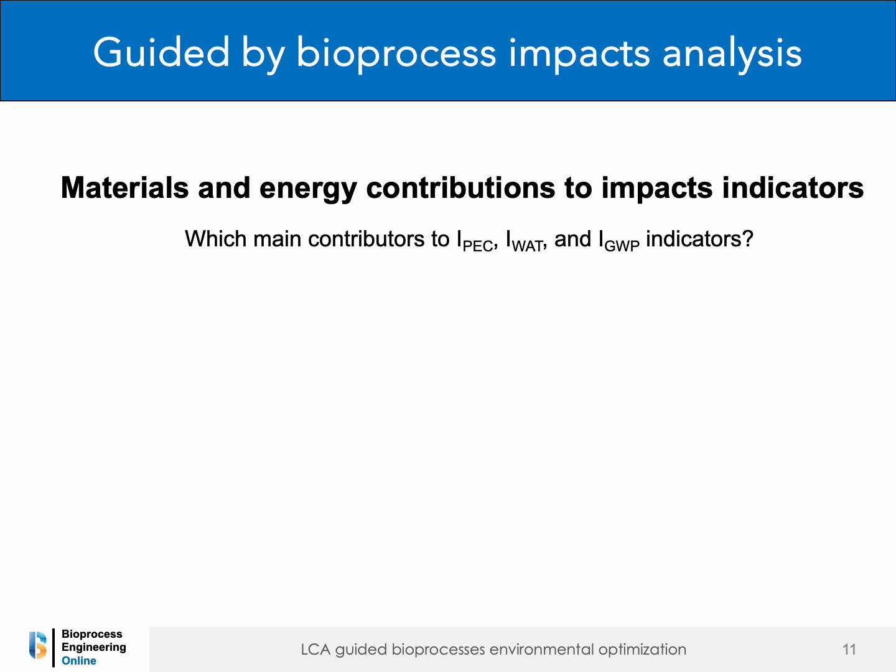The strategy for environmental optimization relies on a thorough analysis of the life cycle assessment of the bioprocess, particularly focusing on the relative impacts of various material and energy inputs and outputs. This analysis identifies the key contributors that influence environmental performance.